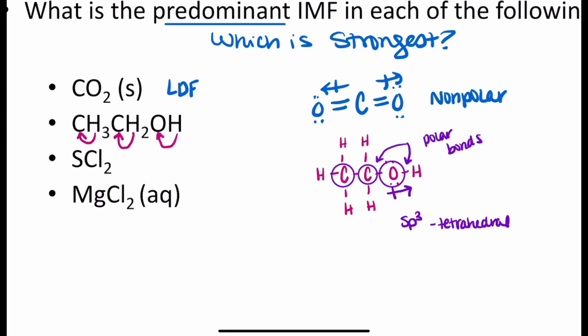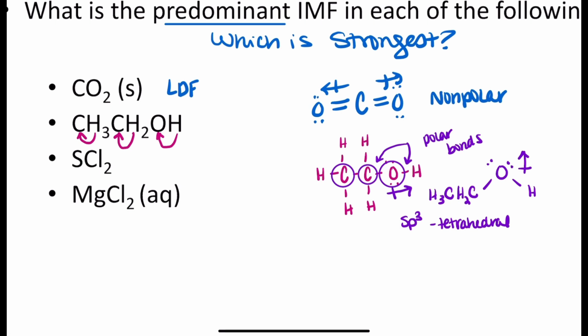But the tetrahedral shape, remember oxygen is tetrahedral electron geometry, tetrahedral molecular for the two carbons. The oxygen is bent. So it's forming this kind of thing to its other compounds. It is definitely polar, okay?